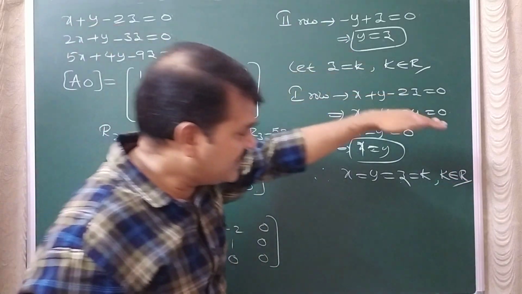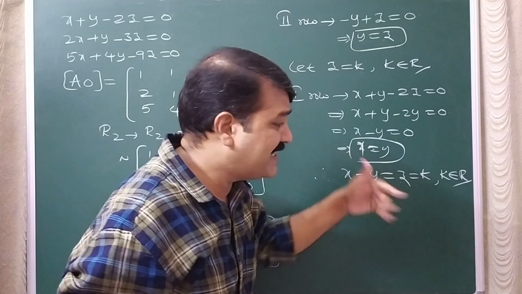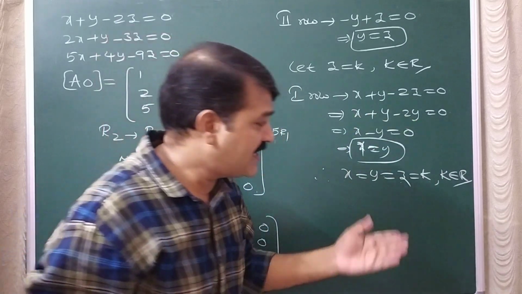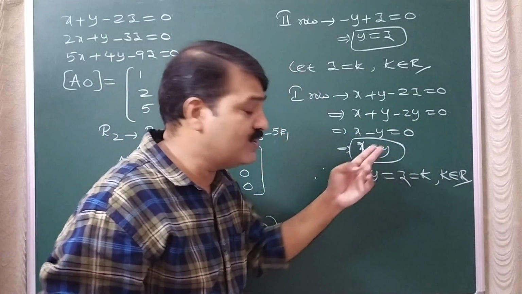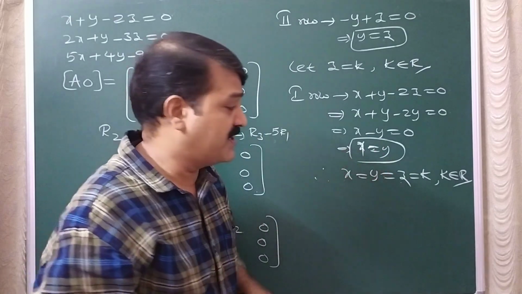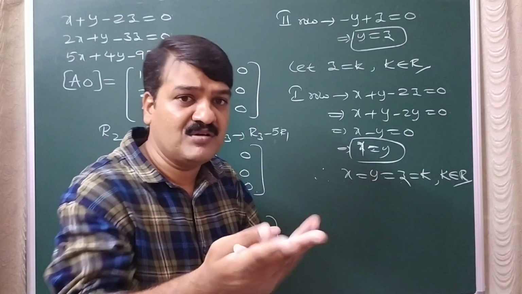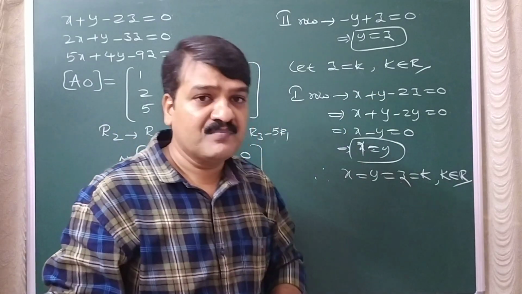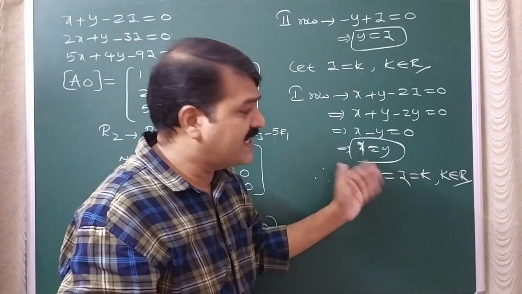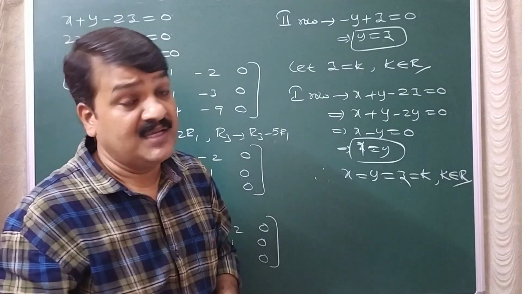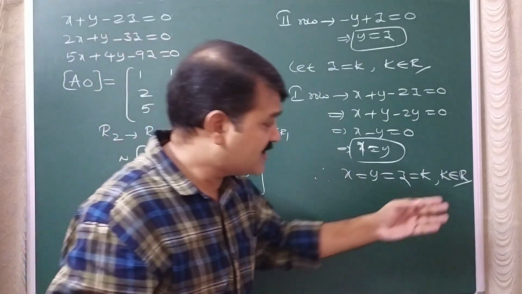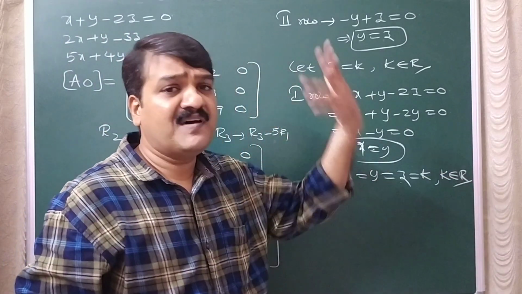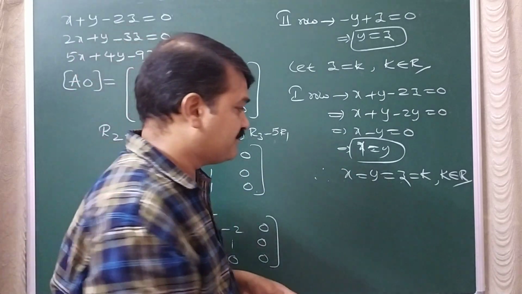So by changing different values for k, you will get different solutions. For example, take k is equal to 1, you get one solution. Take k equal to 2, a different solution. Take k is equal to 0.5, a different solution. So based on k, you will get different solutions. Infinite solutions, because k is a real number, meaning infinite values you can write for k.